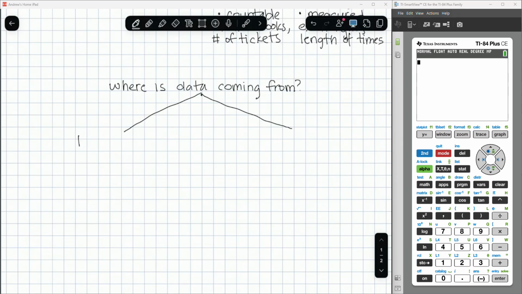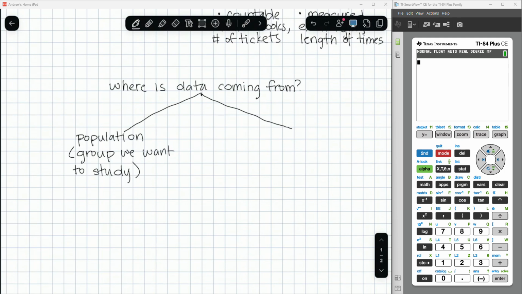It's coming from the population, and the population is the group that we are interested in studying. If I am collecting data from the population of interest, meaning I'm actually able to give that survey to every single person at Shasta College, I would call that a census. And we'll see that word again later in another video.